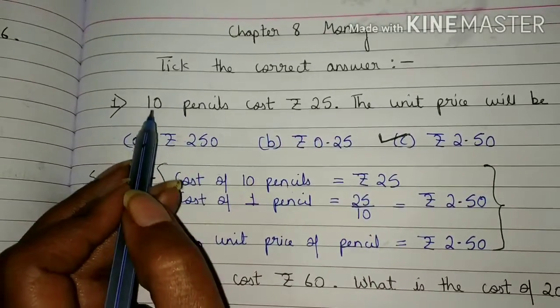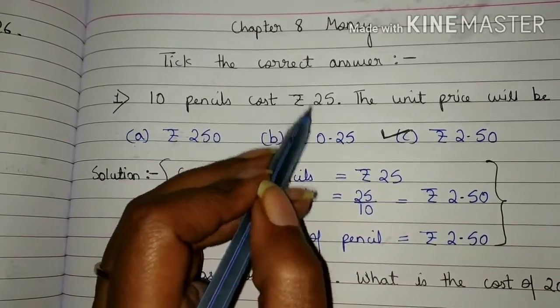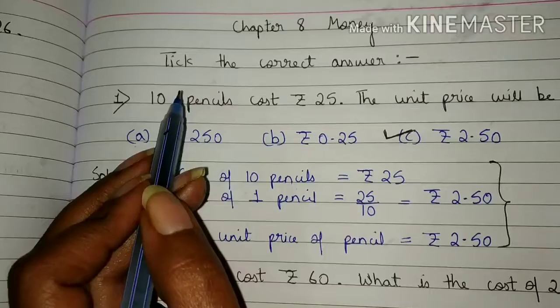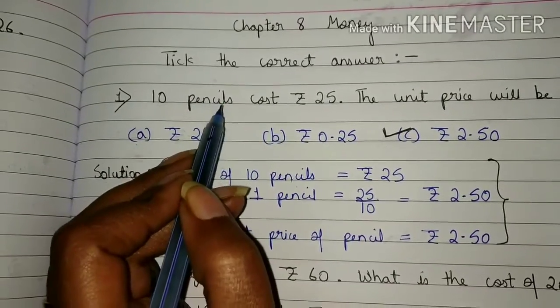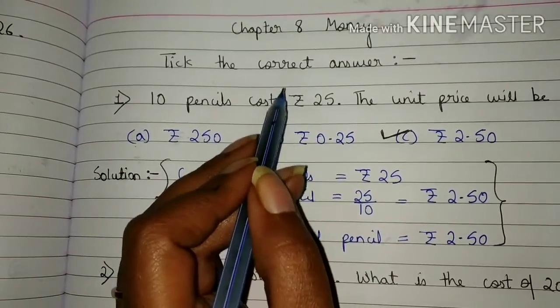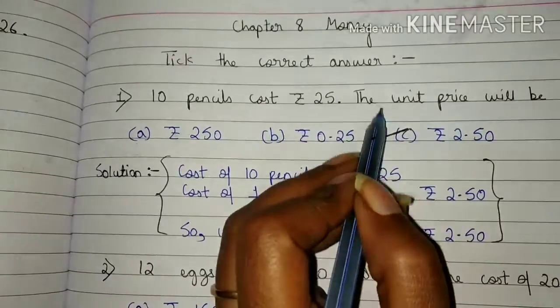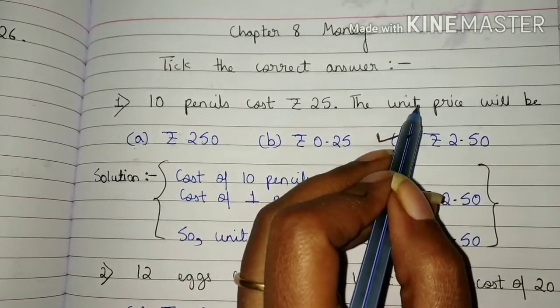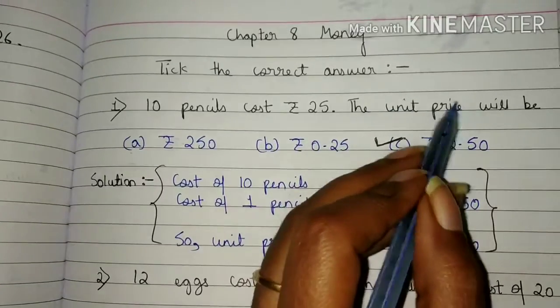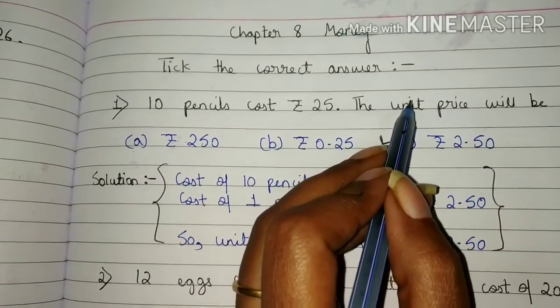10 pencils cost rupees 25. It means the cost of 10 pencils is given to you, that is rupees 25, and you have to find the unit price of a pencil. It means you have to find the cost of one pencil.